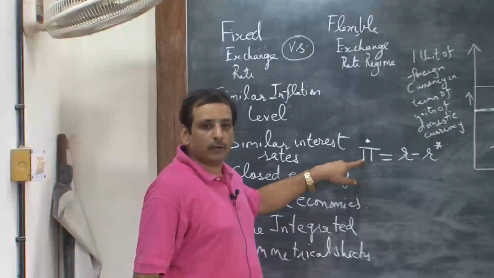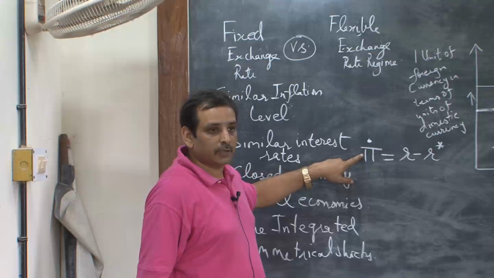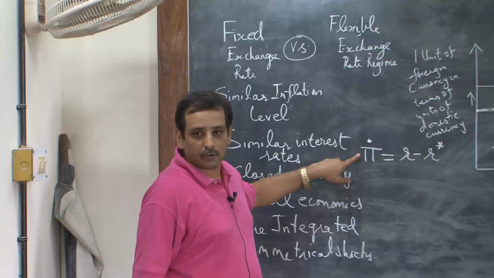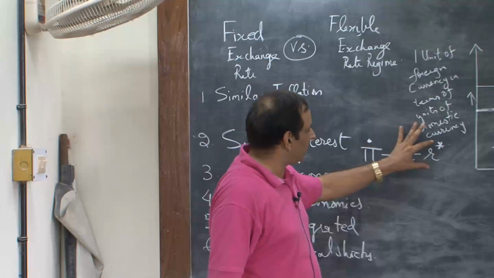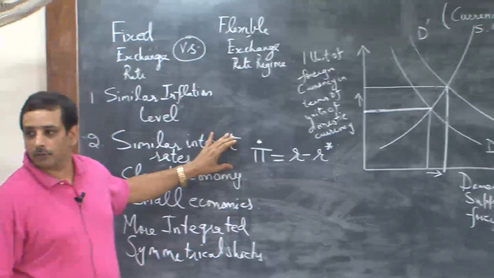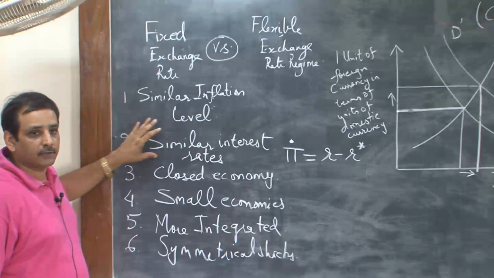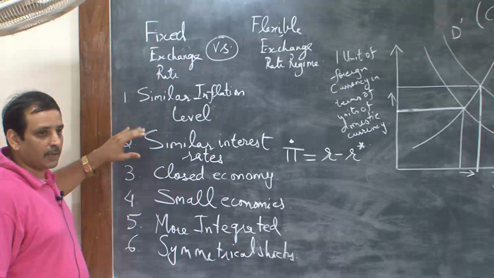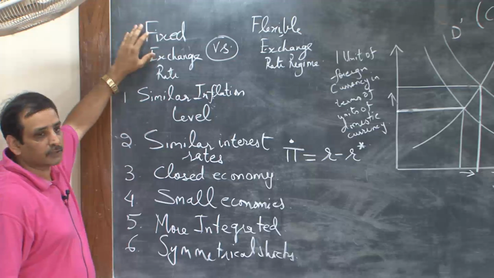So if you do not want any depreciation in your exchange rate, and if the interest rates are the same, then pi dot would be equal to 0. That's the reason that if you have similar levels of interest rates, then you go for a fixed exchange rate.